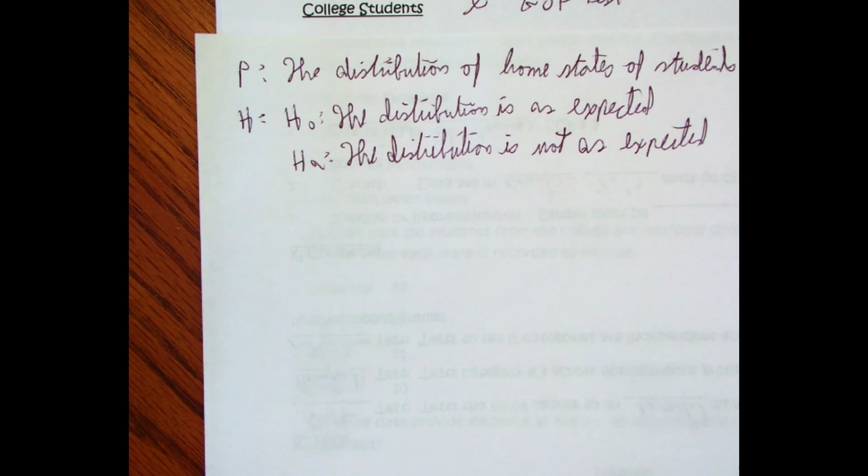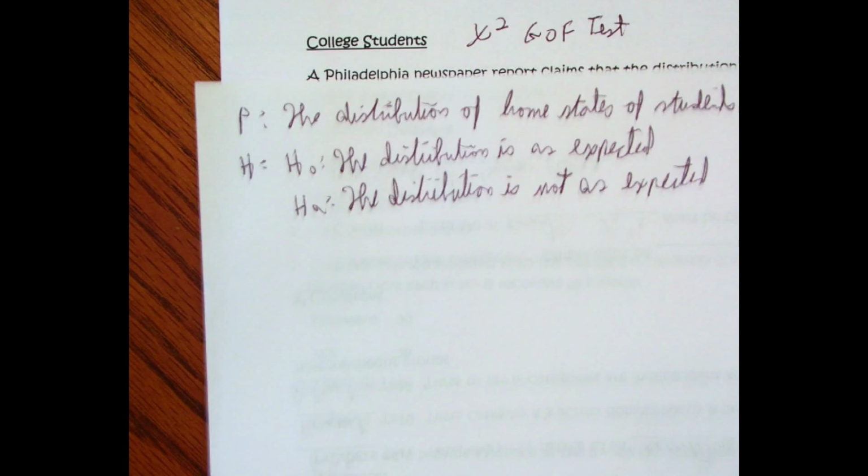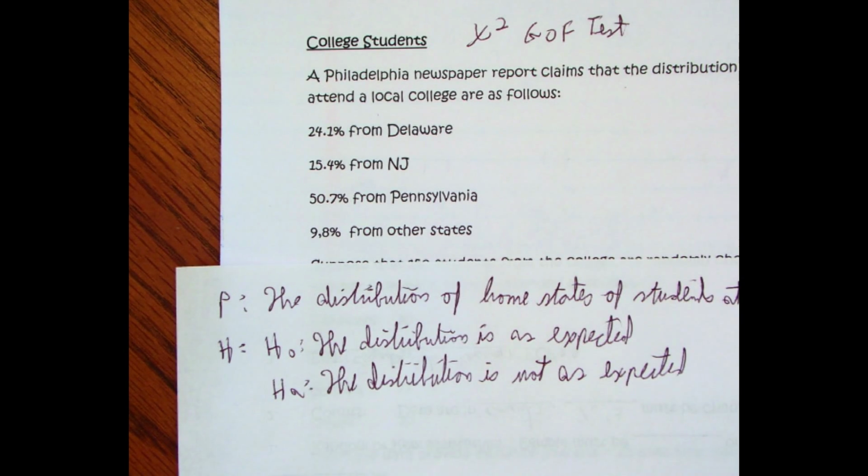So your null hypothesis could really read, for instance, that p sub d equals 0.241, and p sub n equals 0.154, and p sub p would be 0.507, and p sub o would be 0.098. And you would define all of those p's up here in your parameters. In essence, you're testing 4 different parameters to see if that entire distribution matches.